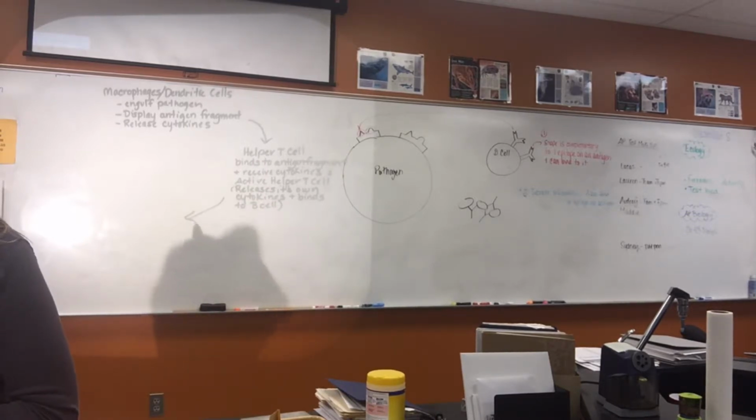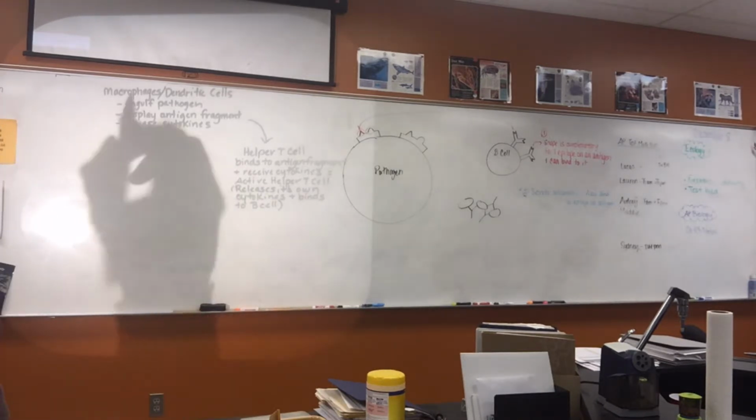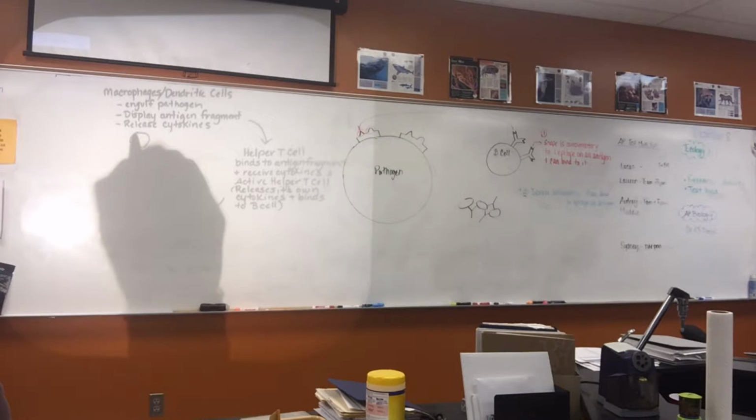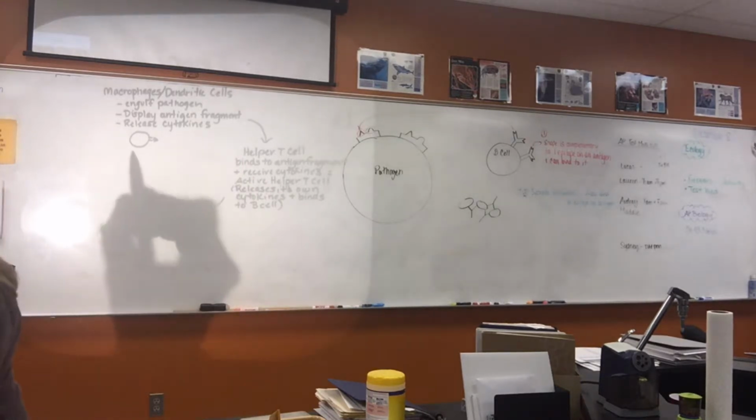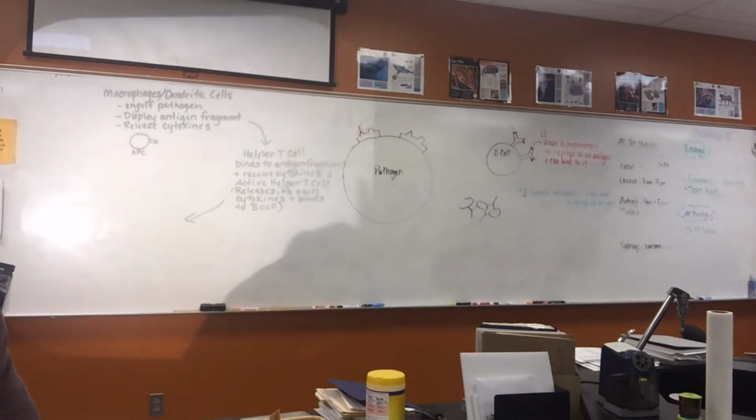So here we have now your B cell. And so let me show you here just in a little picture. So here's your macrophage. It has taken in a pathogen, destroyed it, and on the MHC proteins, it displays the antigen. So this is your APC, or antigen presenting cell.